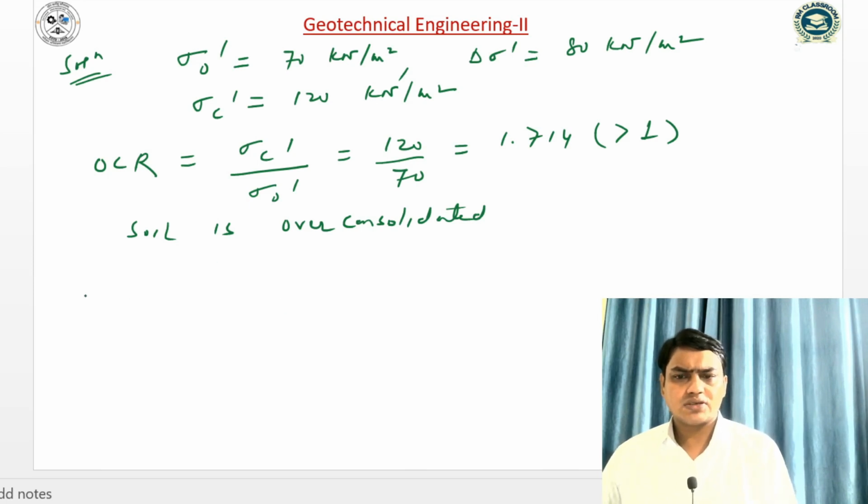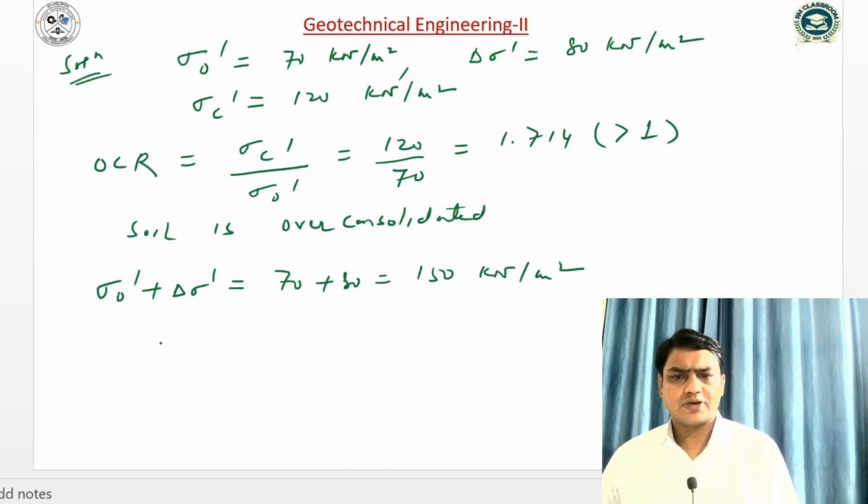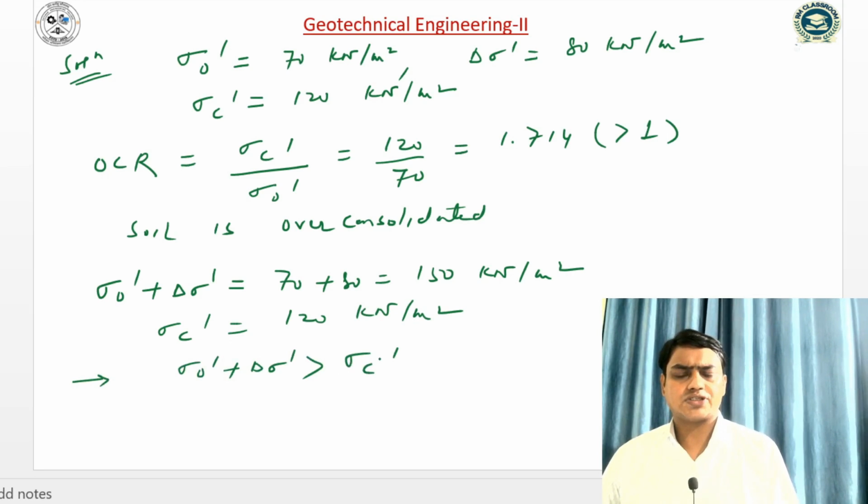The first case is whether sigma 0 dash plus delta sigma dash is greater than sigma c dash or less than sigma c dash. If I compute sigma 0 dash plus delta sigma dash, it will be 70 plus 80, so 150 kilonewton per meter square, and sigma c dash is 120 kilonewton per meter square. So here sigma 0 dash plus delta sigma dash is greater than pre-consolidation stress.